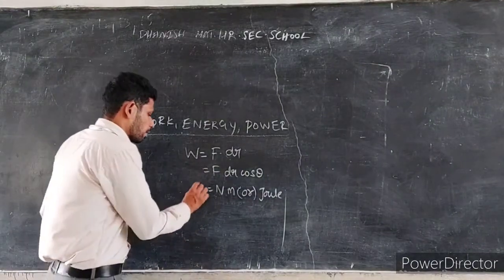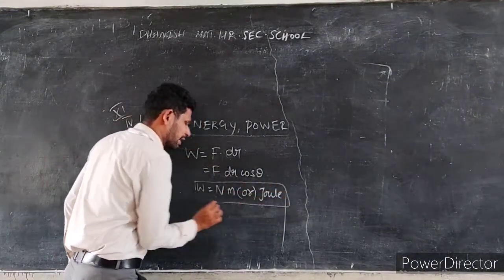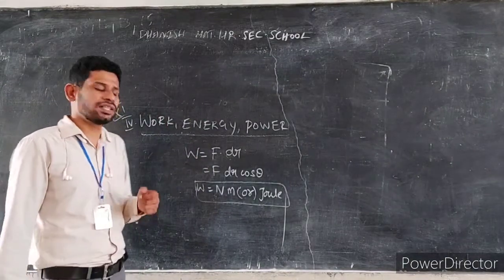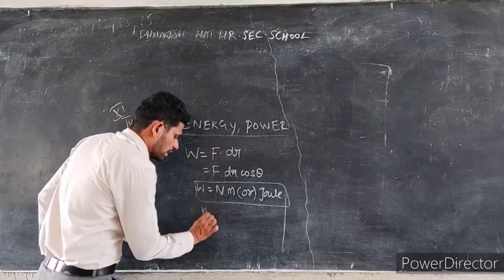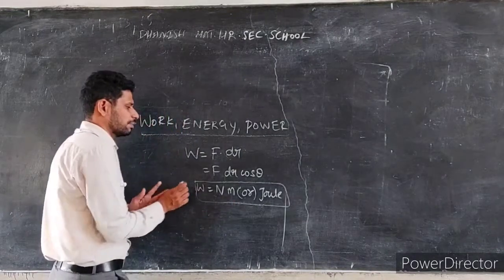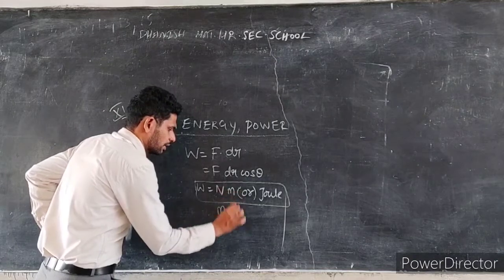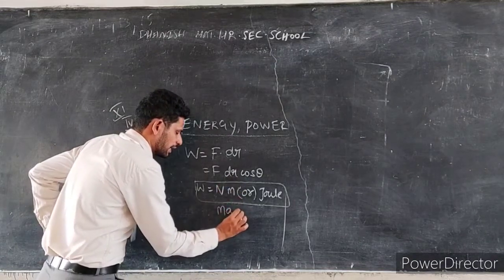Now, what is the dimensional formula for this work done? The dimensional formula for work done will be equal to force, so mass into acceleration into displacement, length.